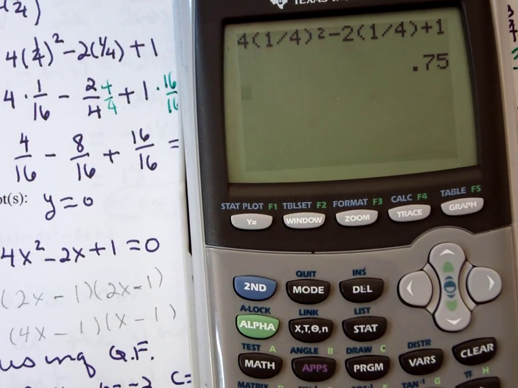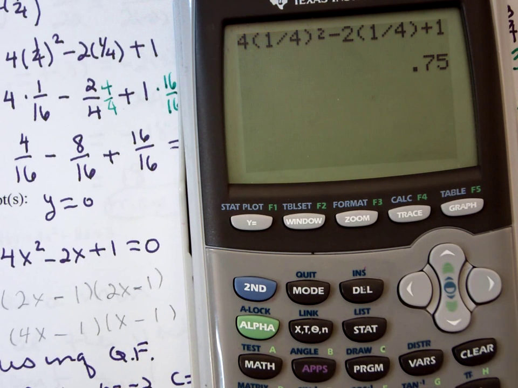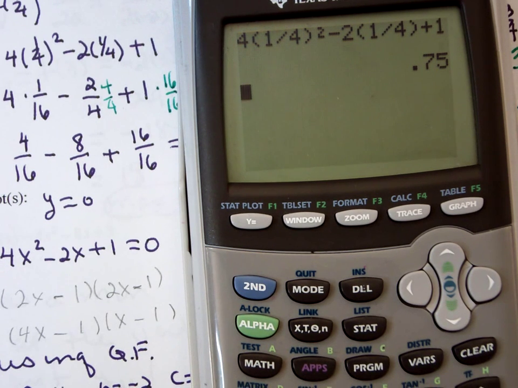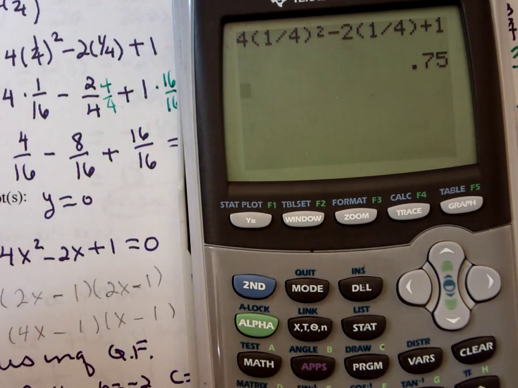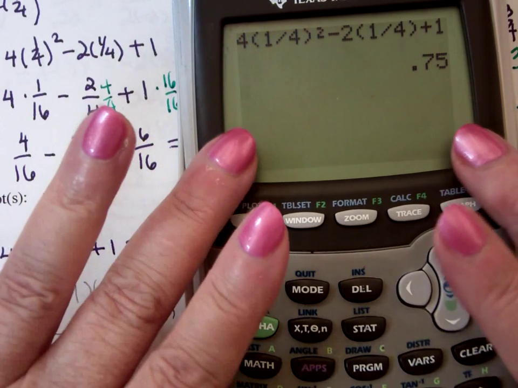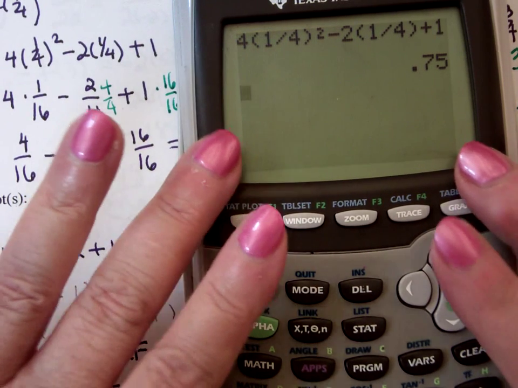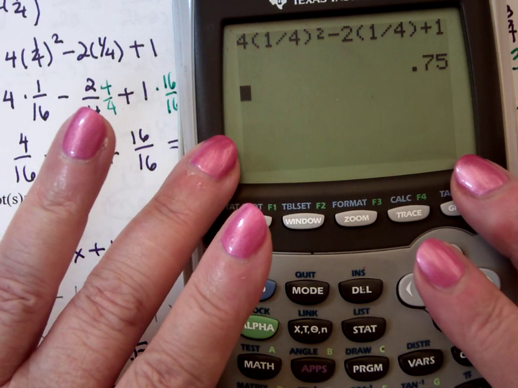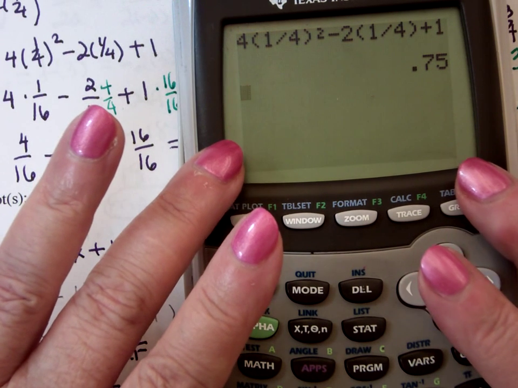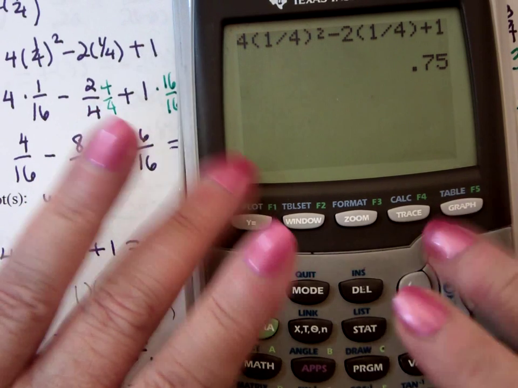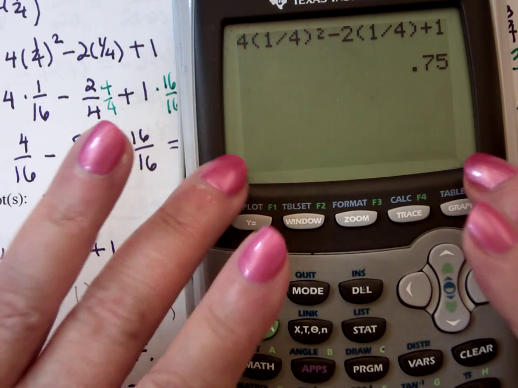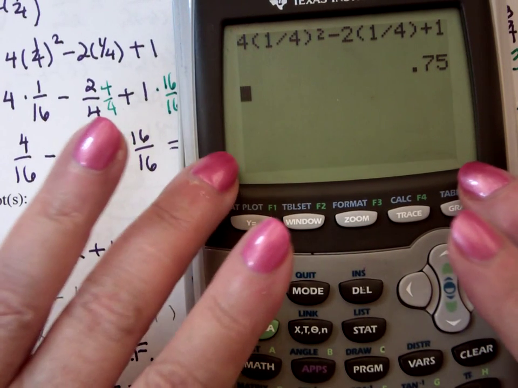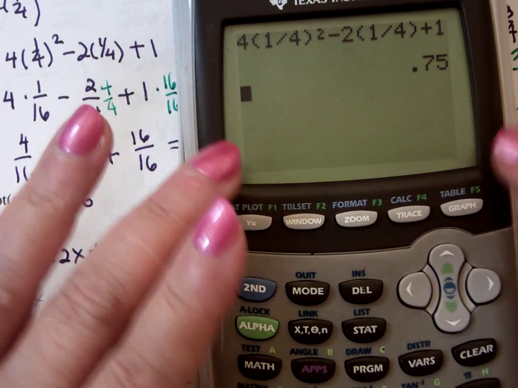Now, what your calculator has, and what we're going to use extensively in chapter 6, I think, is that these calculators have something called deep recall. Even the little baby calculators have a recall.